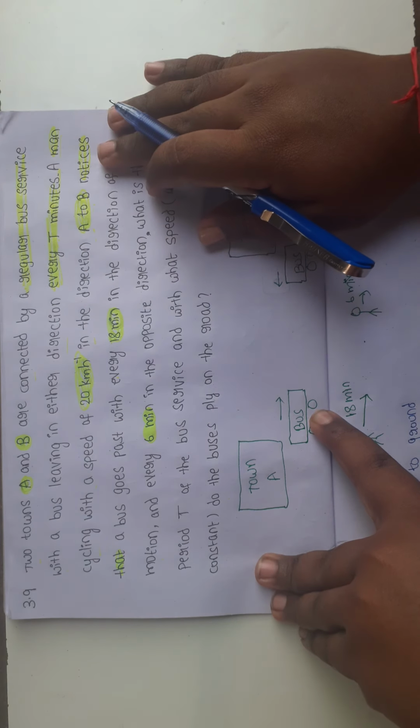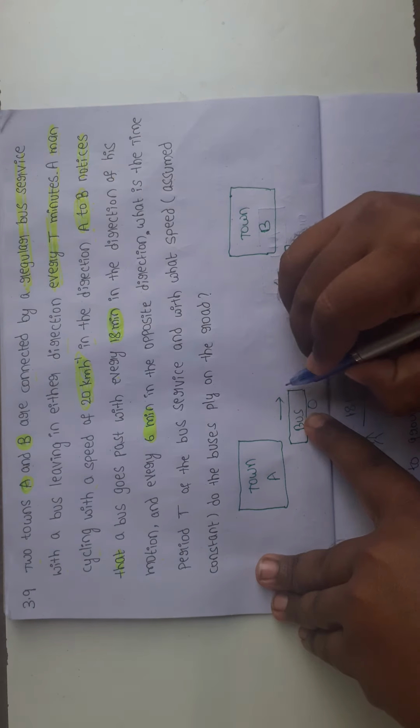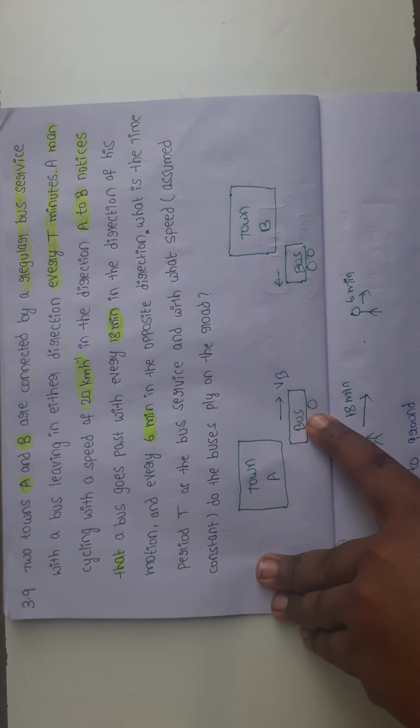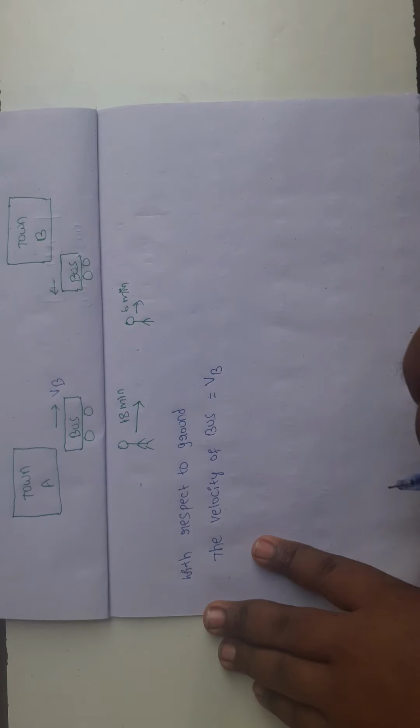The velocity of the bus is not given, so for example I am taking the velocity of the bus as VB.